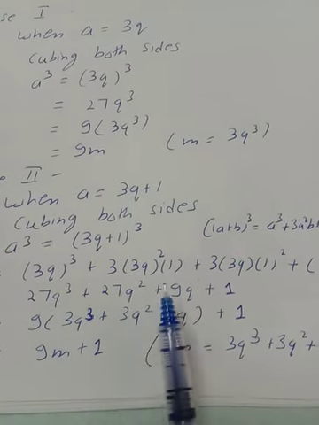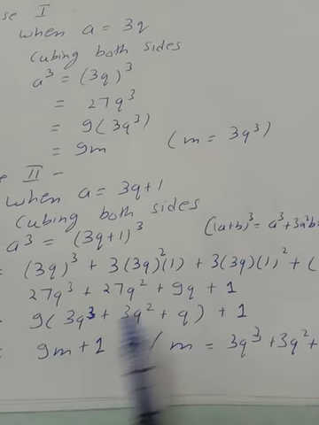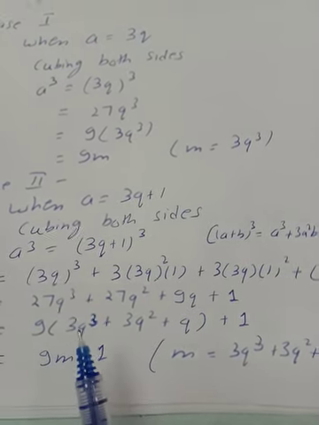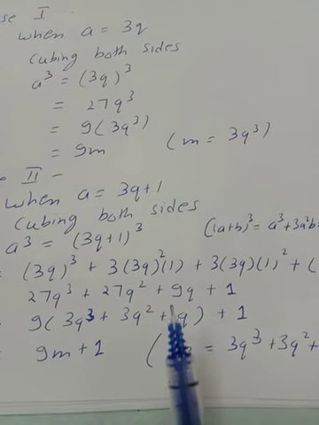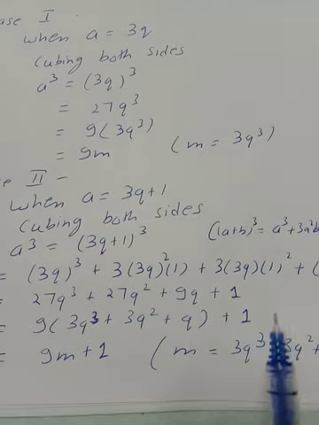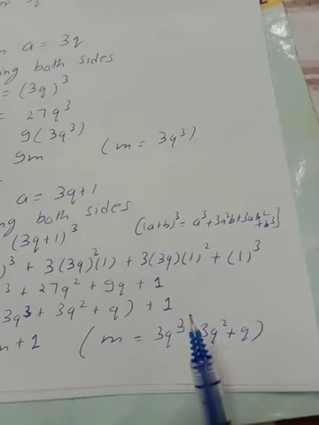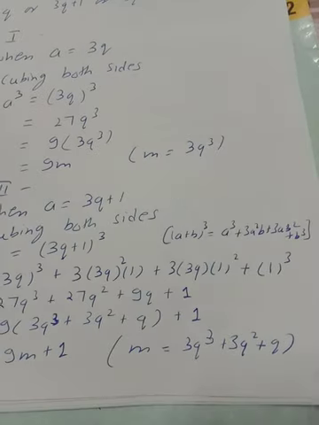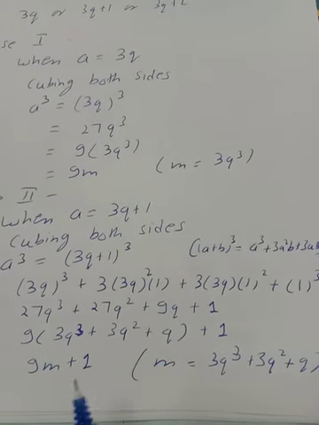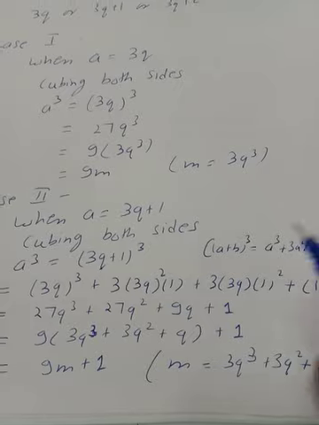So from these three expressions, we can take 9 as the common. We get 3q cube plus 3q square plus q plus 1. So this will become 9m plus 1, where m here is 3q cube plus 3q square plus q. So we are getting it in the form of 9m plus 1.